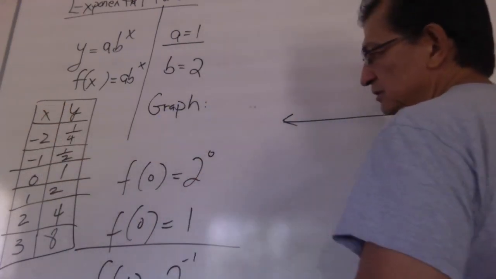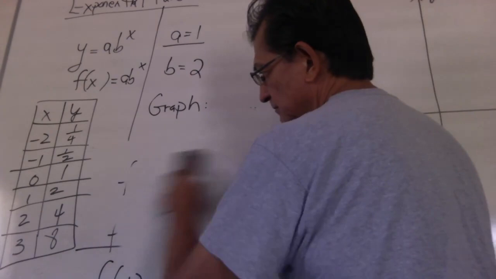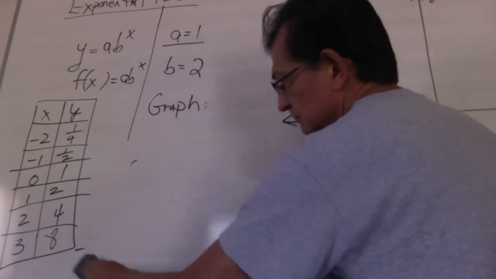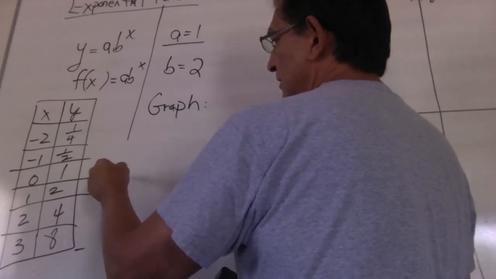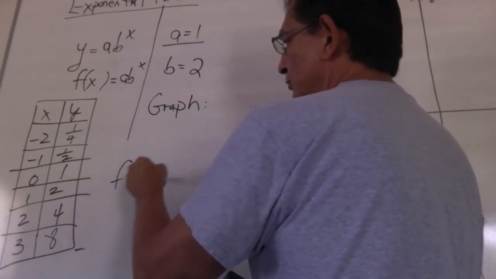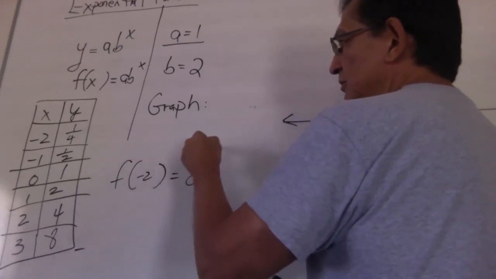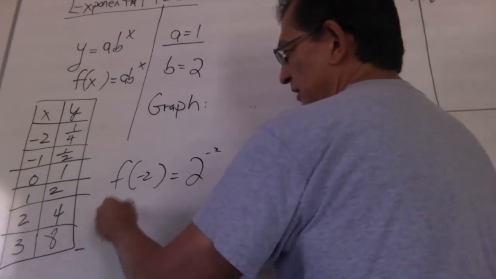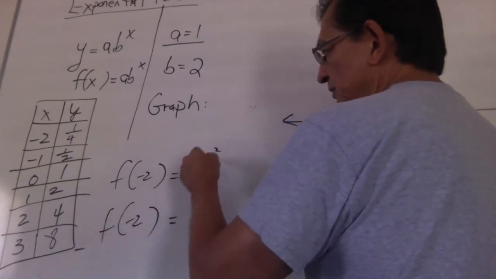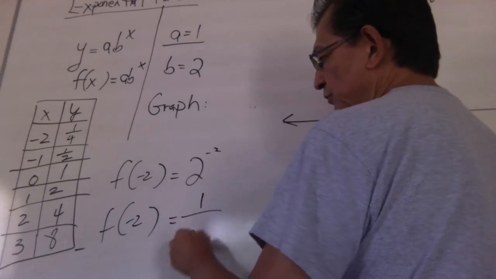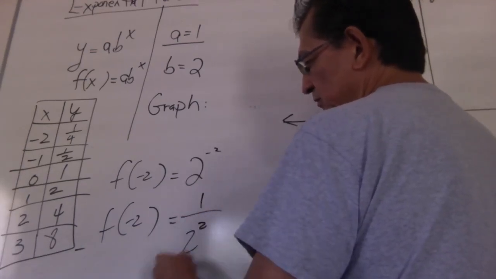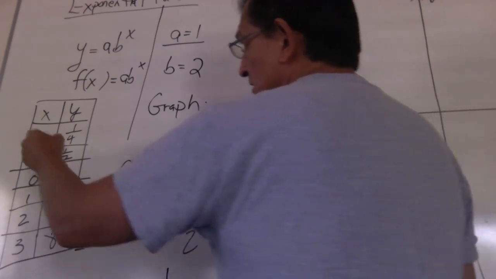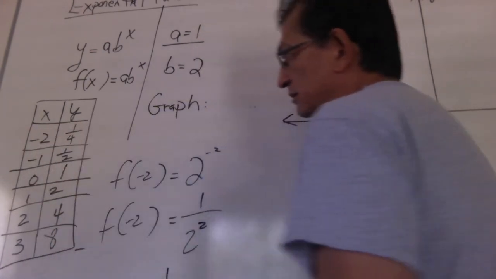So if I erase this, we have f of negative 2, 2 to the negative 2. So f of negative 2 is equal to, this becomes positive, 1 over 2 squared, which is 1 over 4. Which is what I said earlier, 1/4.